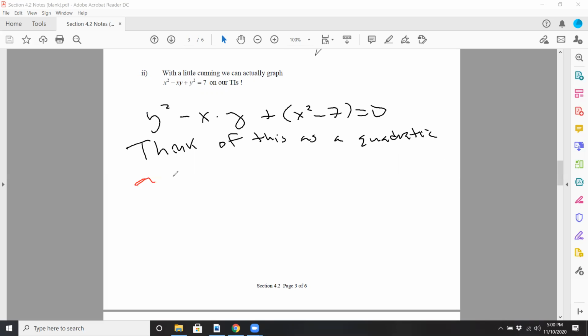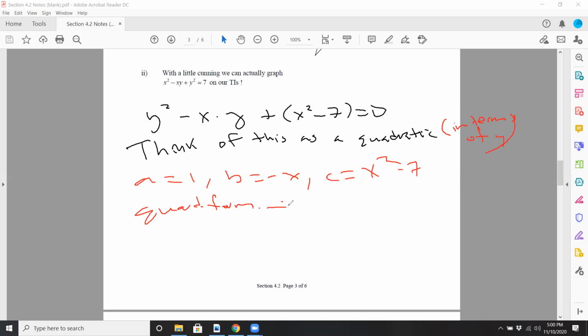So where your a is 1, your b is -x, and your c is x squared minus 7. Think of it as a quadratic in terms of y. If you do the quadratic formula, instead of x we'll say y because we're in terms of y.